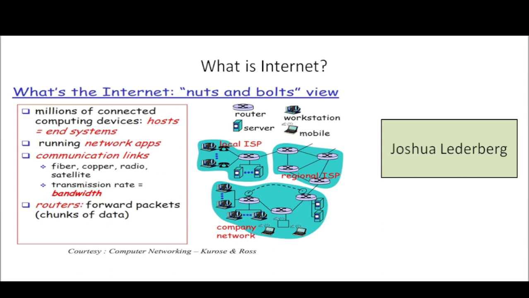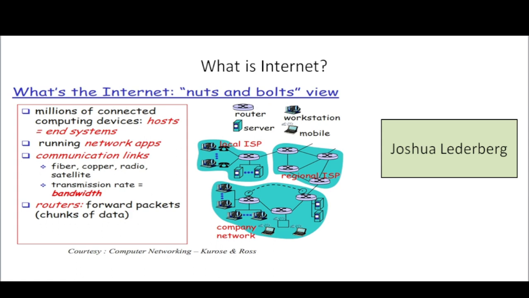Then communication links: fiber, copper, radio, satellite. These are the different types of physical media used to connect devices to the internet. Fiber optics, copper wires, radio waves and satellite links are examples of these communication mediums that you can see in this diagram. Then transmission rate is bandwidth.